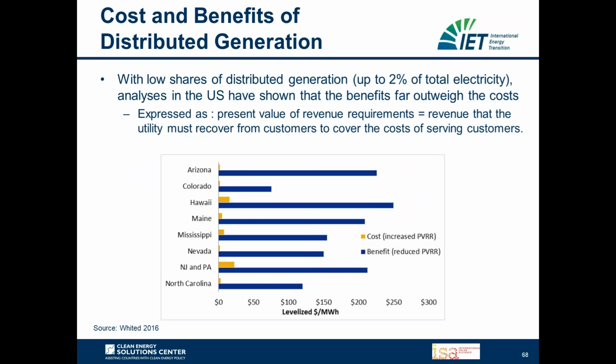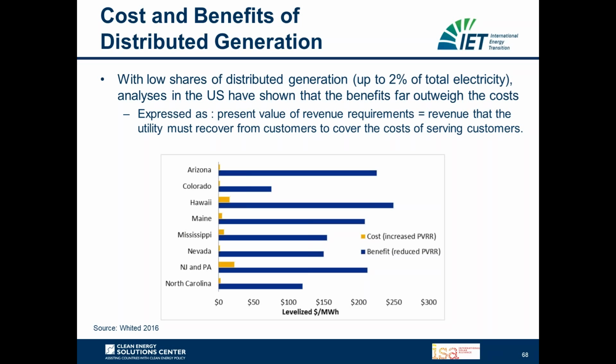I just wanted to show you some calculations that were done once again in the United States on the cost and benefits of solar PV and distributed generation in different markets around the world. So what you can see here quite easily is that the benefits are outweighing the cost by far, based on the parameters that we've just discussed a minute ago.